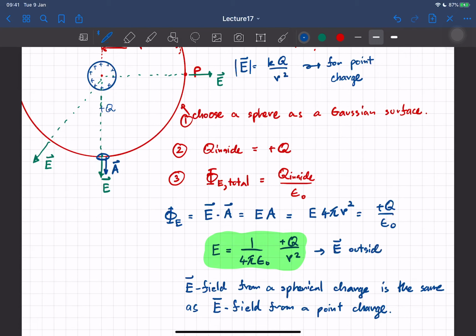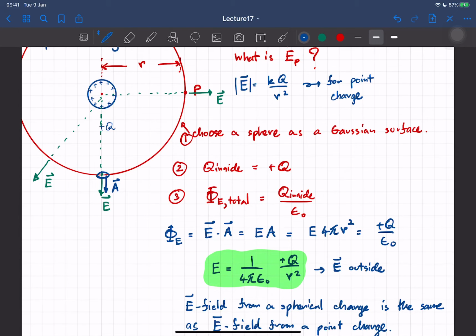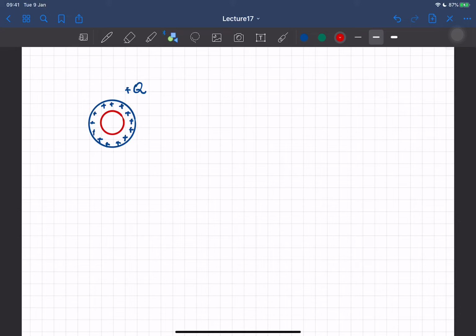So it's E outside the sphere charge. Outside the spherical charge, the formula is the same as the point charge. But what about electric field inside? Well, you need to come up with the Gaussian surface. So this is the Gaussian surface, but now it's inside the blue sphere.